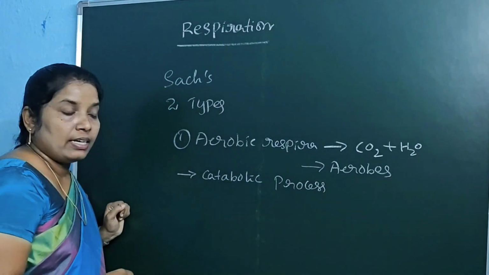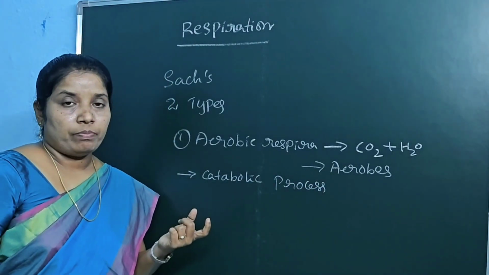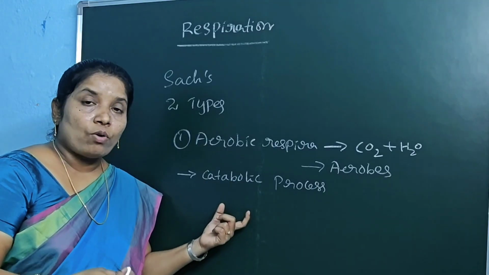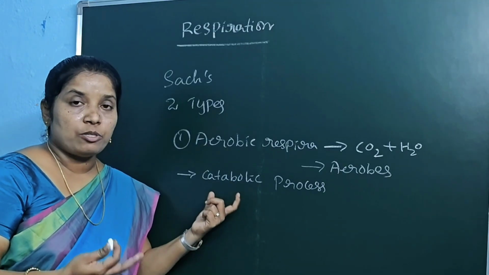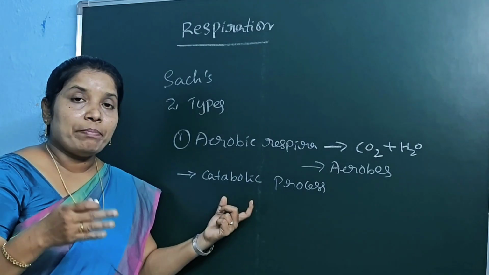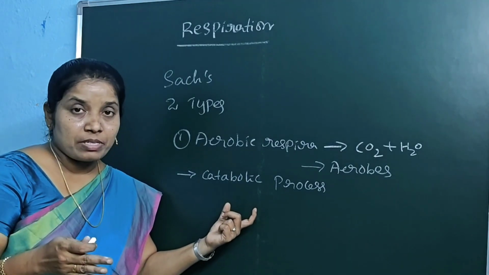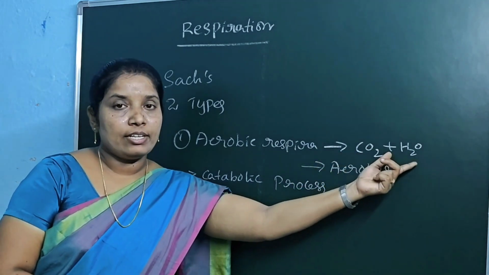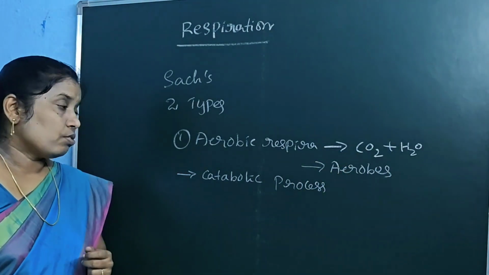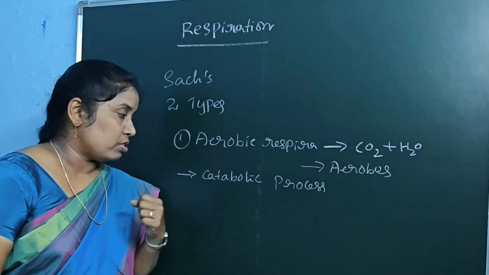Catabolic is nothing but a degradative process. Here, complex organic substances like food materials such as carbohydrates, proteins and fats break down into simpler, inorganic substances like CO2 and H2O. That's why this is a catabolic process.